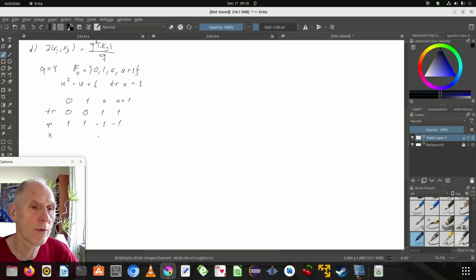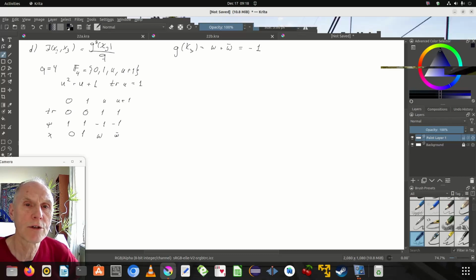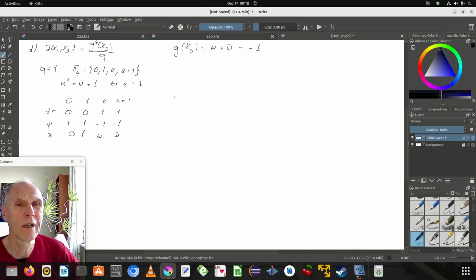And chi3, we say this one is omega, omega bar, unity, and naught. Omega plus omega bar gives minus unity. That was not what I expected.